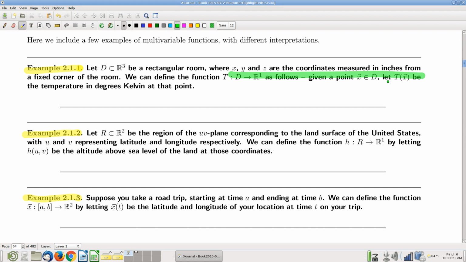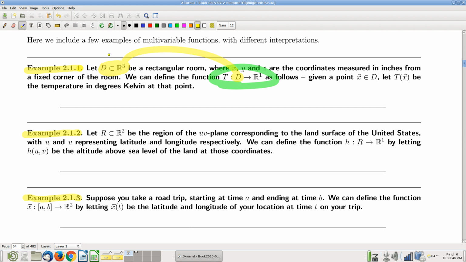I'm going to put a thermometer right there, and I'm going to measure what's the temperature of the air at that point. Right? So if you give me an x, a y, and a z, I give you a T, temperature. So what we have here then is a function that's, it's tempting to call this from R3 to R1, but just remember that the domain is a subset of R3.